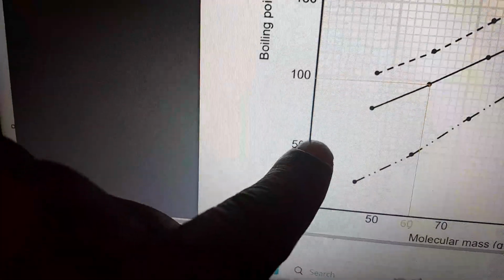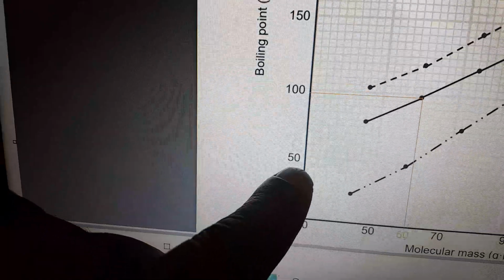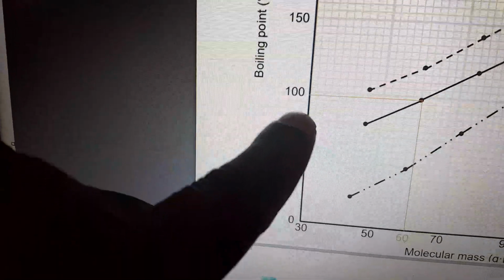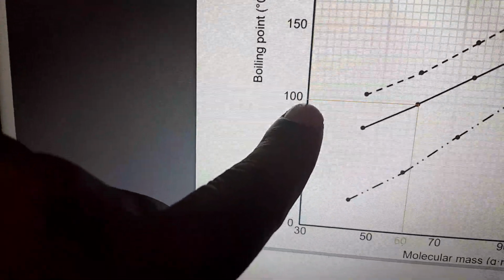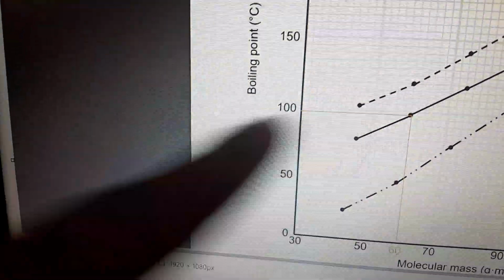It's because if you have 10 going up to 50, then it means each one of them is 5. So the last one here represents 95, and in between 95 and 100, that's where you have 97.